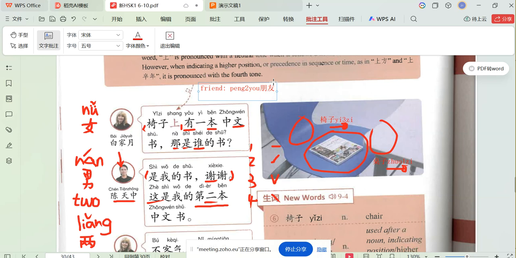So we learned the word 朋友 and we know kids are 小朋友. We call kids little friends. It's very cute. Do you remember that? 朋友 is friend. So girlfriend.